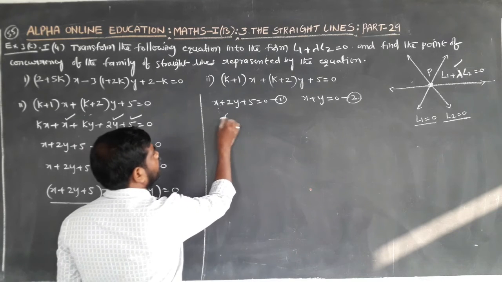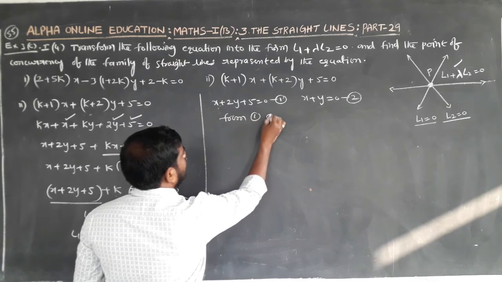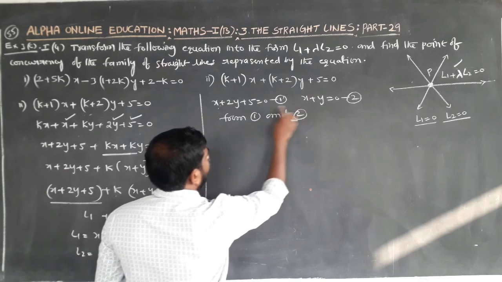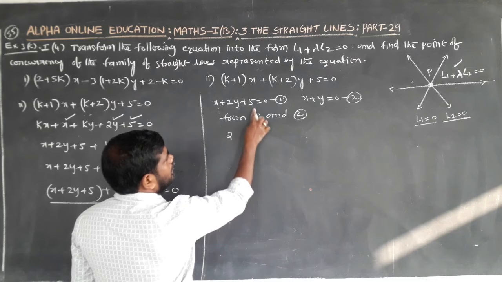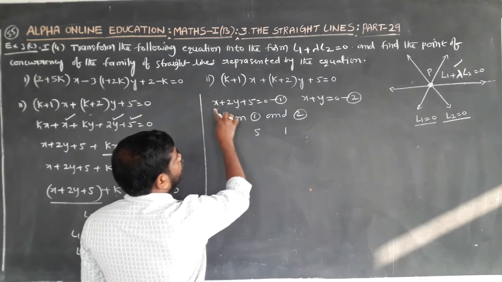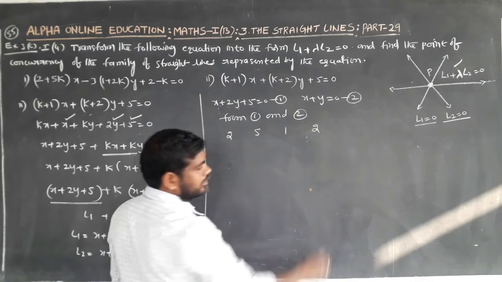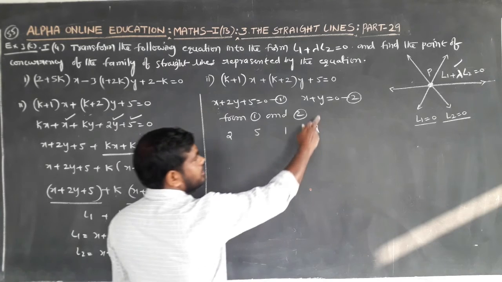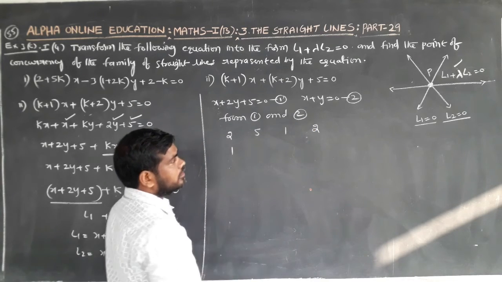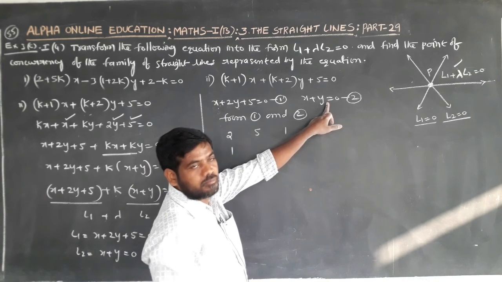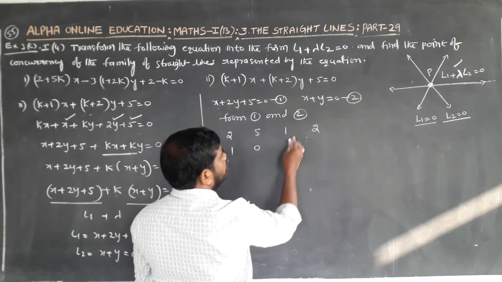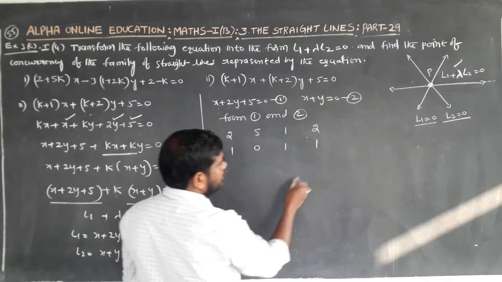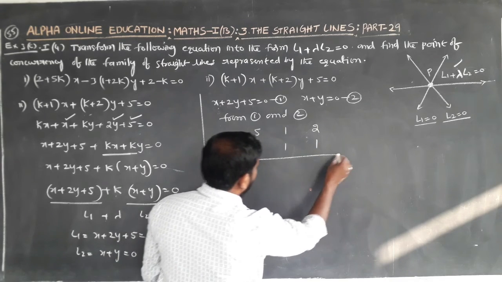From equations 1 and 2: y coefficient is 2, constant is 5, x coefficient is 1, y coefficient is 2. Next, y coefficient is 1, here there is no constant term, so the constant value is 0, x coefficient is 1, y coefficient is 1.